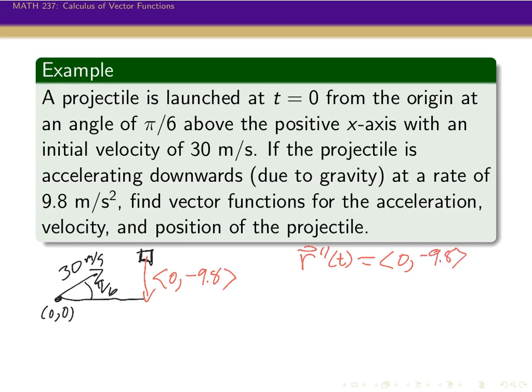Okay. Now we know what the velocity vector is at time 0. That's what's given to us by the pi over 6 and the 30 meters per second. Right? So we know at 0, let's put 0 in there.